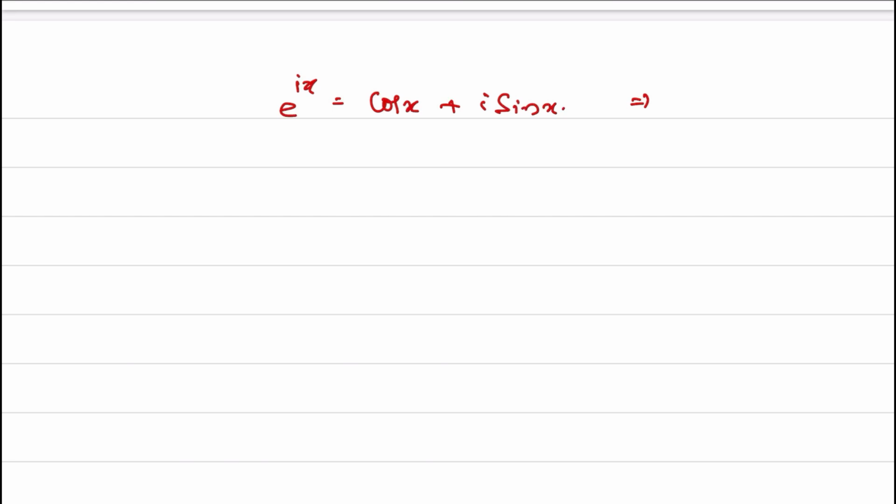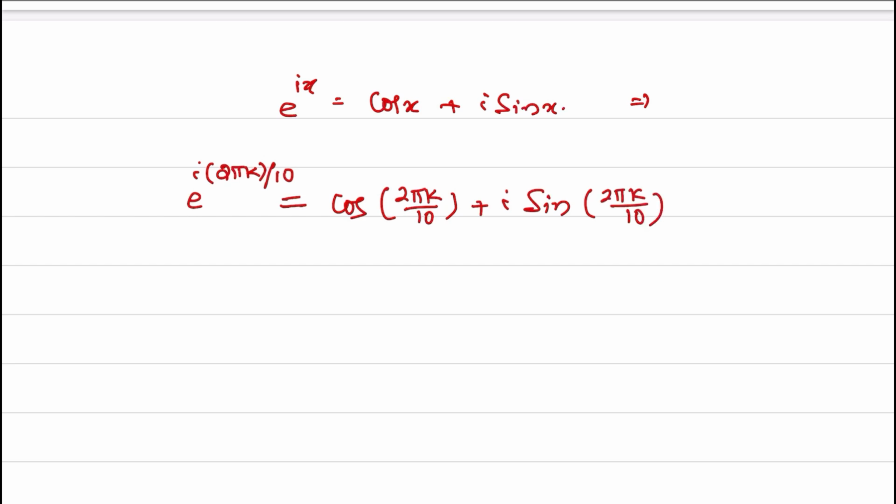That implies e to the power of i into 2 pi k by 10, because n is equal to 10, is equal to cos 2 pi k by 10 plus i into sin 2 pi k by 10. Don't divide 10 by 2, because we require 10 roots. We have to find all the roots.